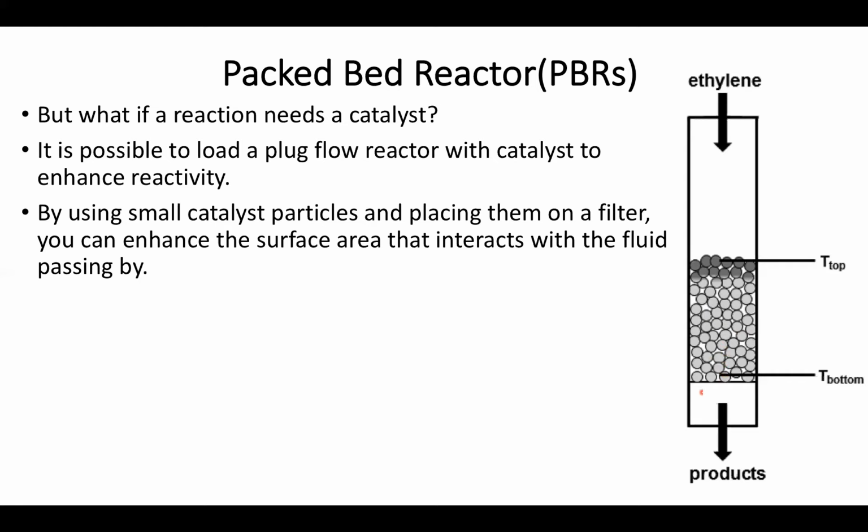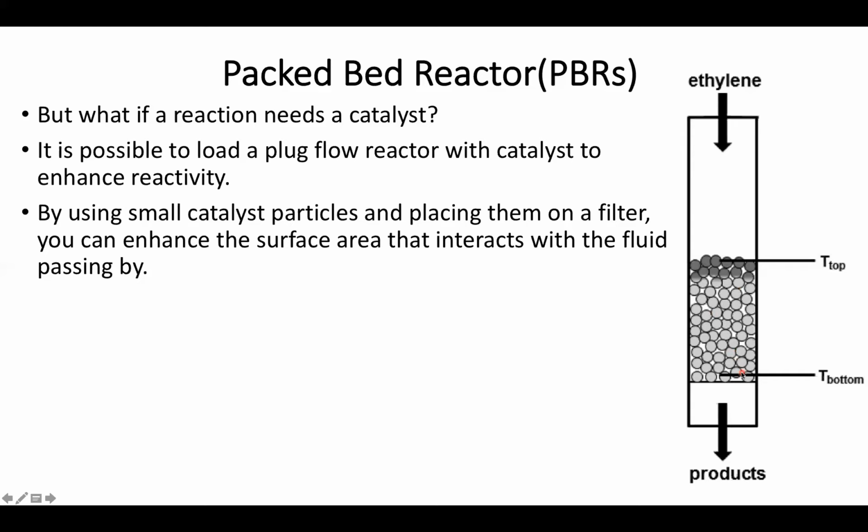And then we simply put them on top of a filter to prevent any loss of catalyst, which is a major cost consideration when dealing with catalytic systems, especially as they are often composed of rare earth metals, and I definitely don't want to lose a nice gram of iridium. So this ends up helping face a lot of issues.